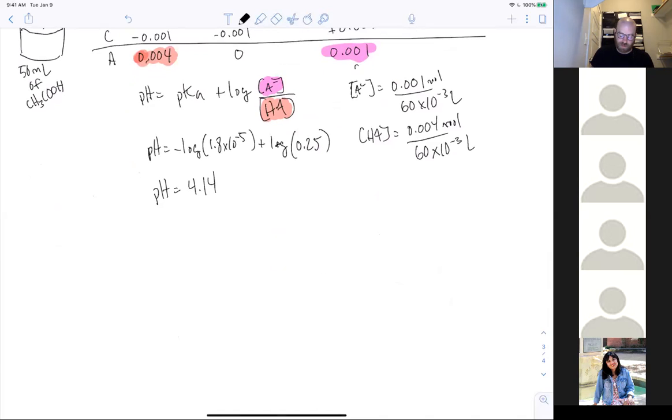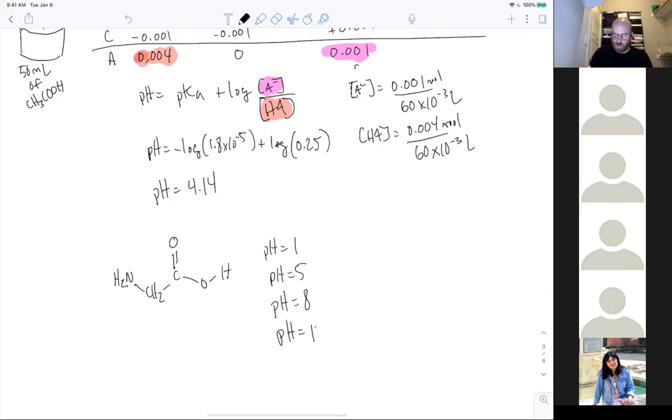What you want to be able to do is look at a structure like something like this, sorry, shorthand, and say at pH 1, pH 5, pH 8, pH 12, what's the protonation state?